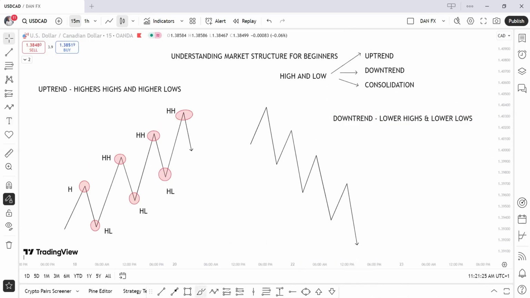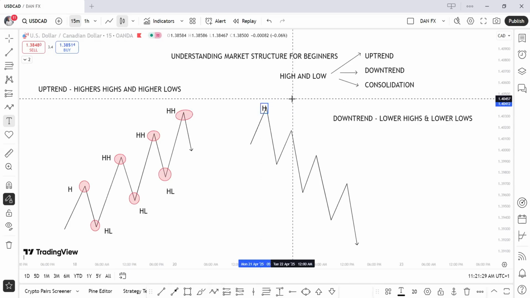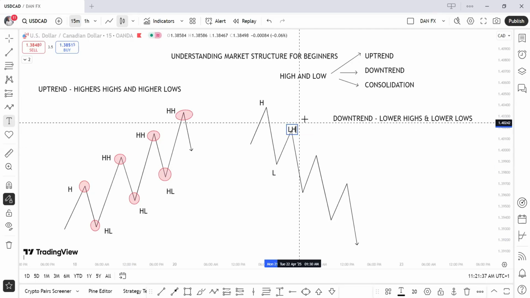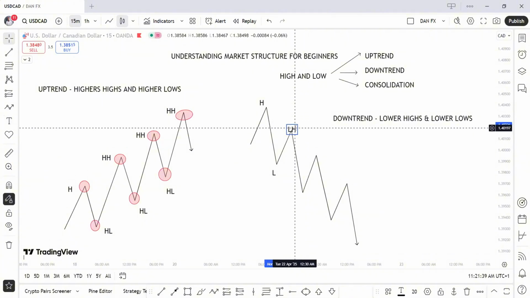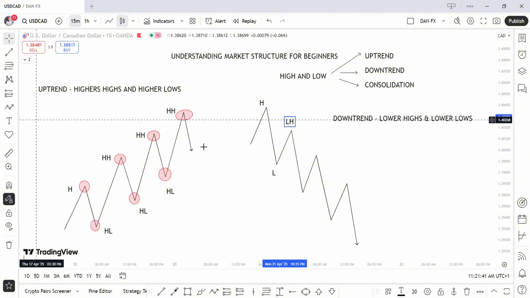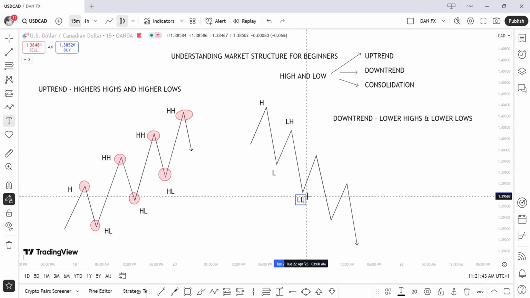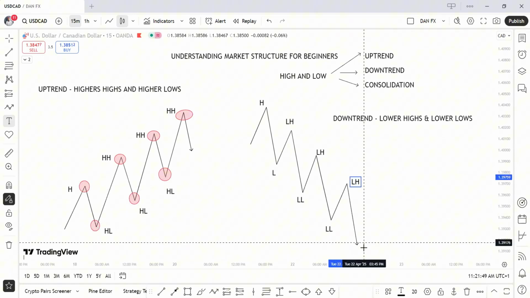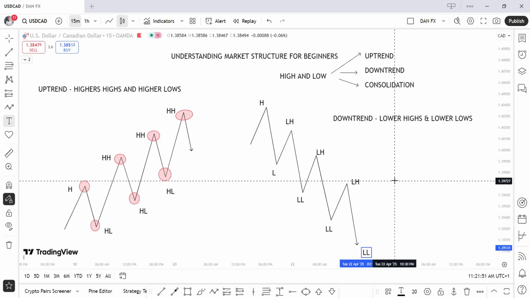All right. So this is going to be the high, signified as H. This is going to be the low, signified as L. So it's going to be lower high, LH, and then the next one is going to be lower low, LL, lower high, LH, lower low, LL, lower high, LH, and then coming up, we have a lower low down here.